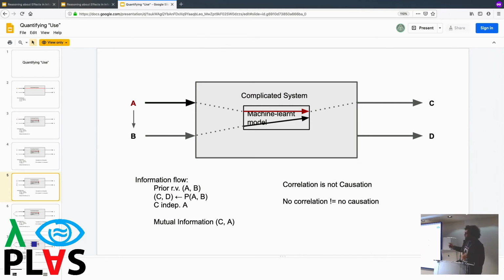Moreover, if we had a model that told us that A causes B, we might be able to determine whether A causes C if it flows to B and then B flows to C. So even though there's an explicit flow from B to C, there's actually this implicit flow through correlation and causation from A to C as well.